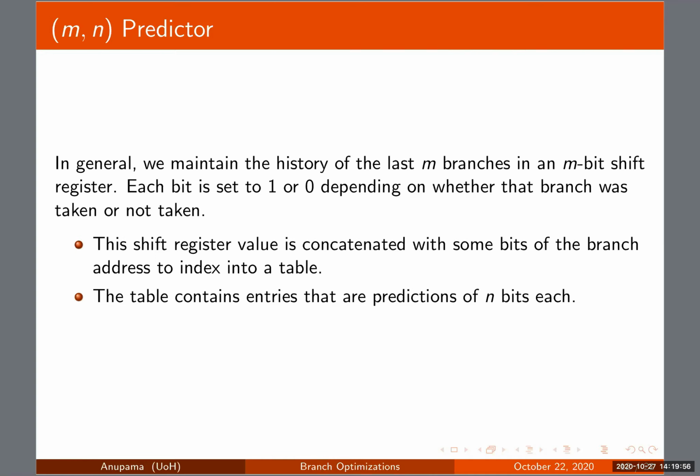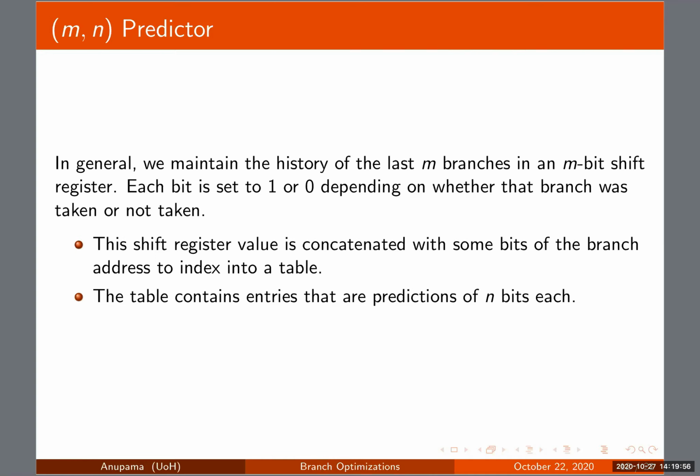An example here: a (2,2) correlating or global predictor. Suppose the branch address is 12 bits, so it's a 12-bit processor that we are talking about. The history of the two previous branches is maintained, so you have a 2-bit shift register, which is a 2-bit global branch history.